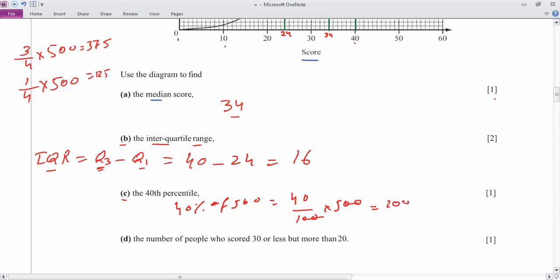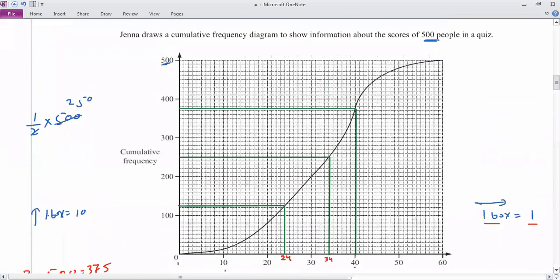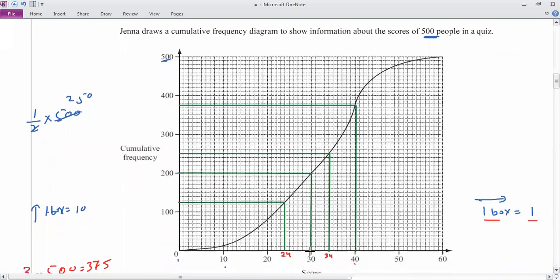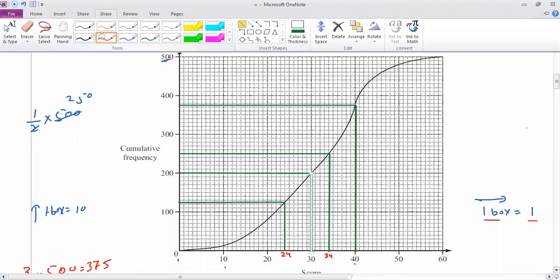But from 200, because this is frequency, you have to find the 40th percentile. So from 200, you will draw the line to the curve and then come down. What number is it? 30. It means the 40th percentile of the score, 40% of the total, will be 30.